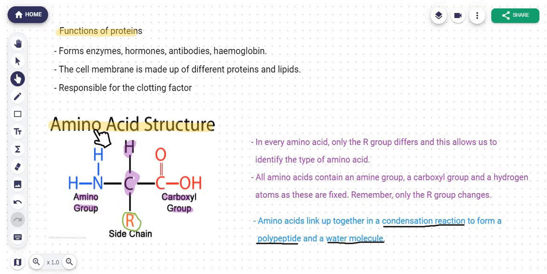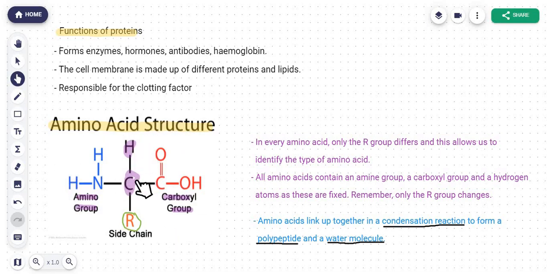Now let's understand something new that is in AS, something that you've never encountered before: amino acid structure. Okay, an amino acid, as we discussed, is the simplest form of protein, but we're going to be discussing its chemical structure. We know that carbon has 4 bonds, right? That's basic chemistry, and this is actually a permanent structure of an amino acid.